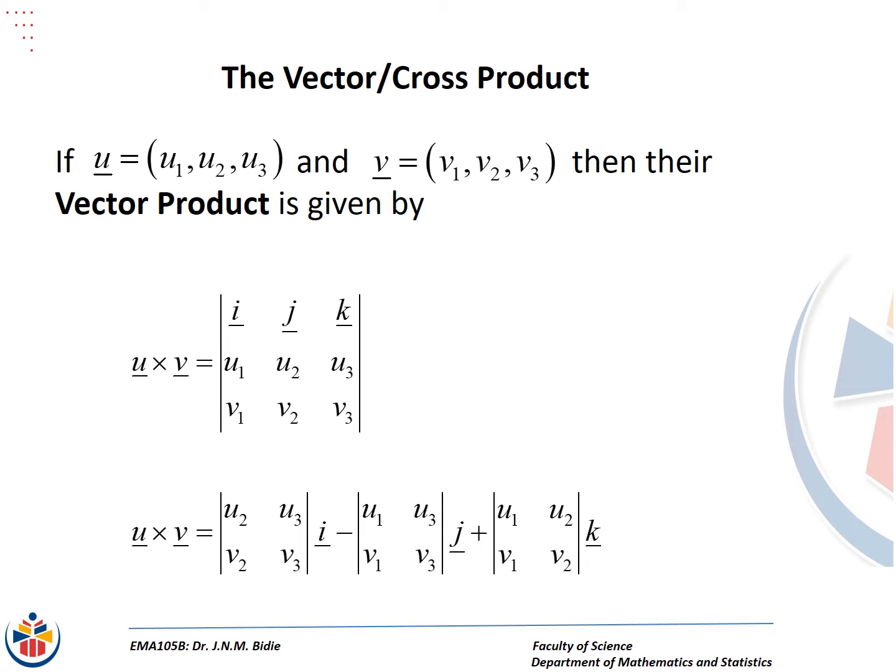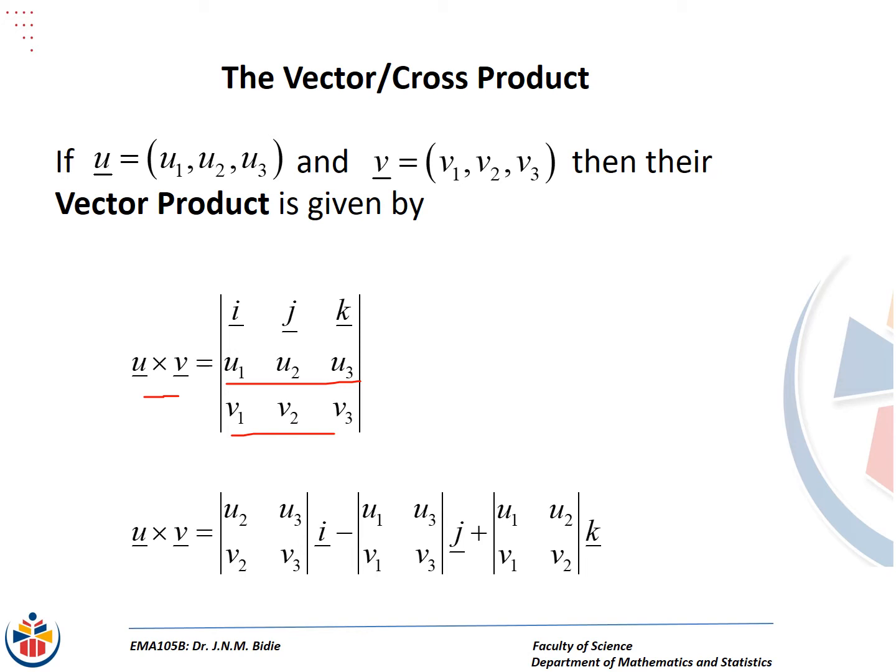Please note that in this case we have u cross v, so the components of u go into the second row and the components of v go into the third row. Every time, the first row will always be those unit vectors i, j, and k.